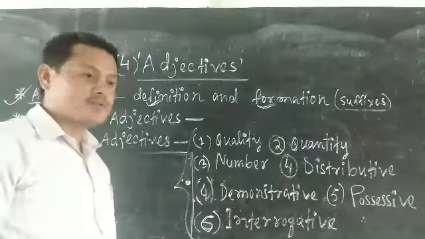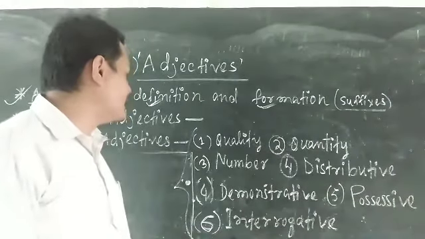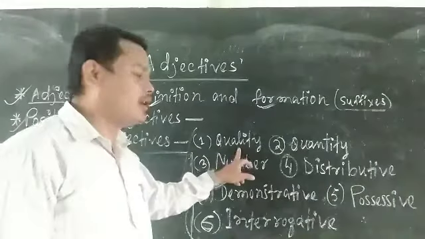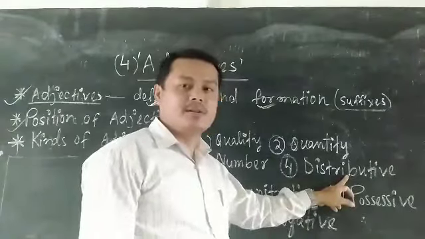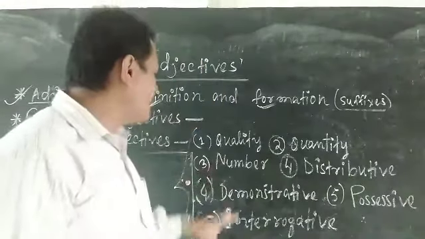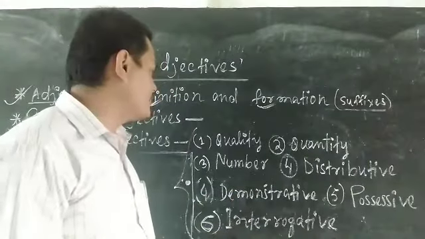My dear students, this is quite important. You can see such questions in the exam. Define adjective of quality. You can have a question, define distributive adjective with examples. That is why knowing their definitions along with their examples is very important.